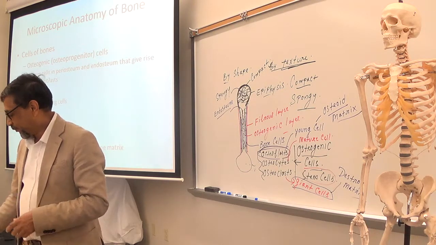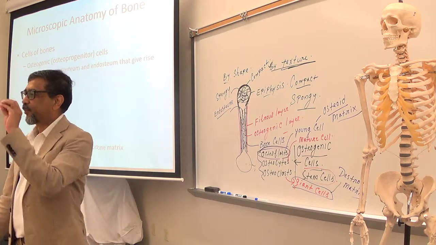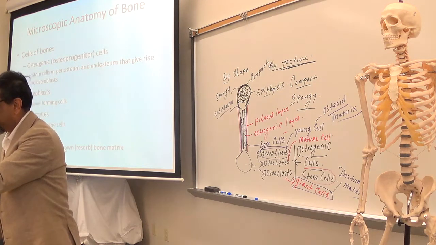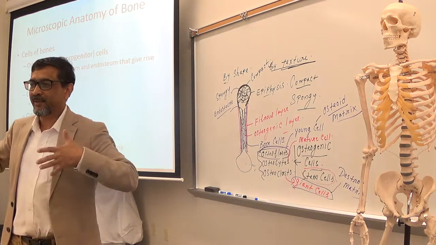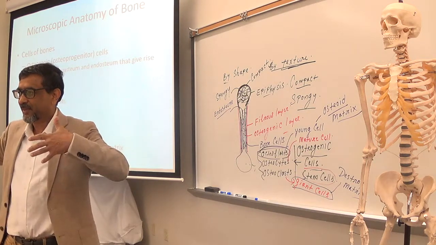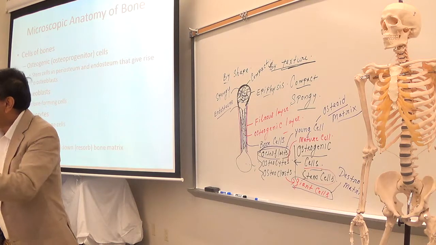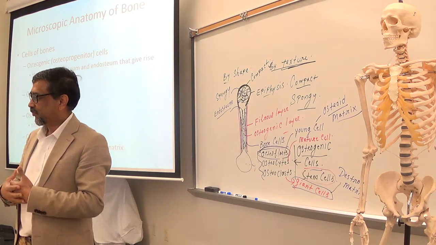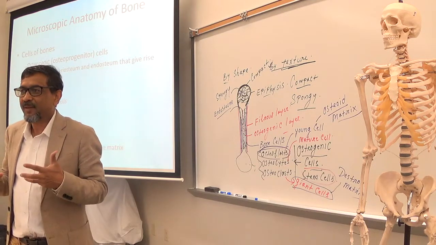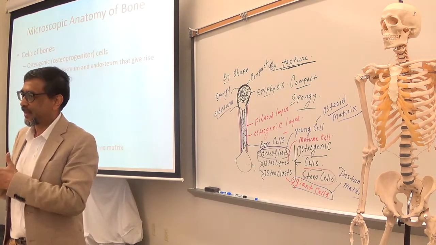Now you tell me, osteoblasts produce matrix, osteoclasts destroy matrix. When the body is growing in early part of your life, right? The bones are growing first. Who are more active? Osteoblasts. Blasts, because they form, right? Bone tissue matrix. Osteoclasts are less active.